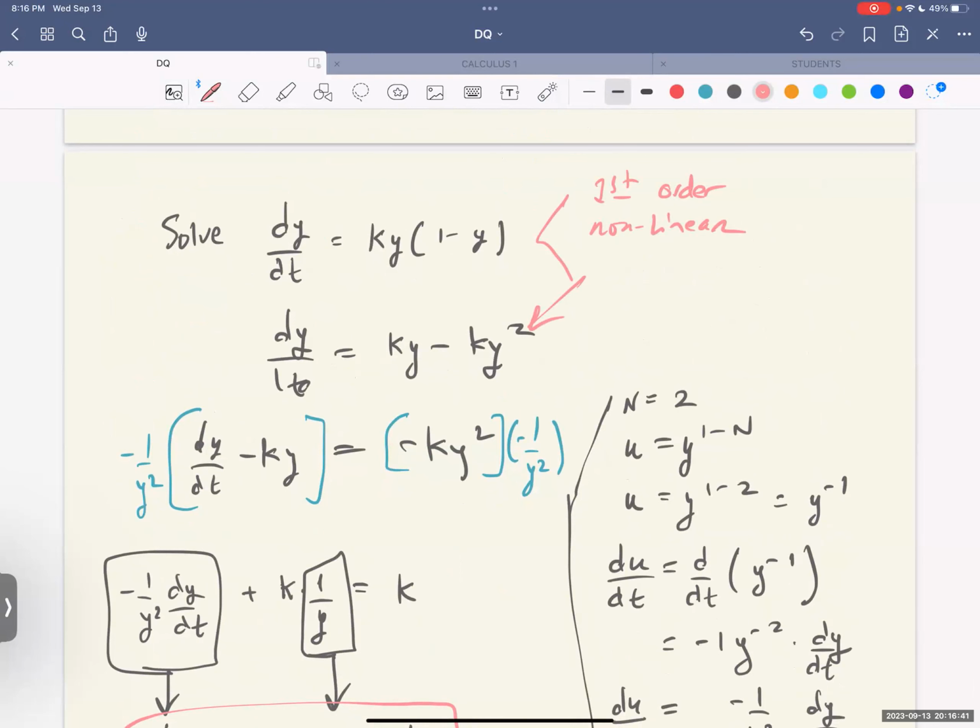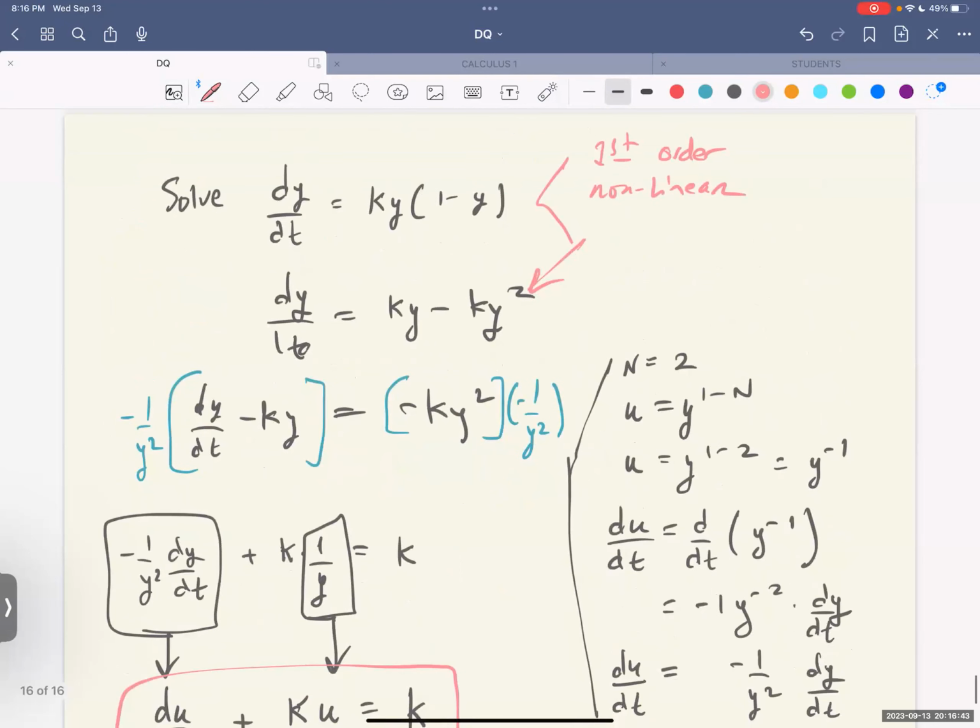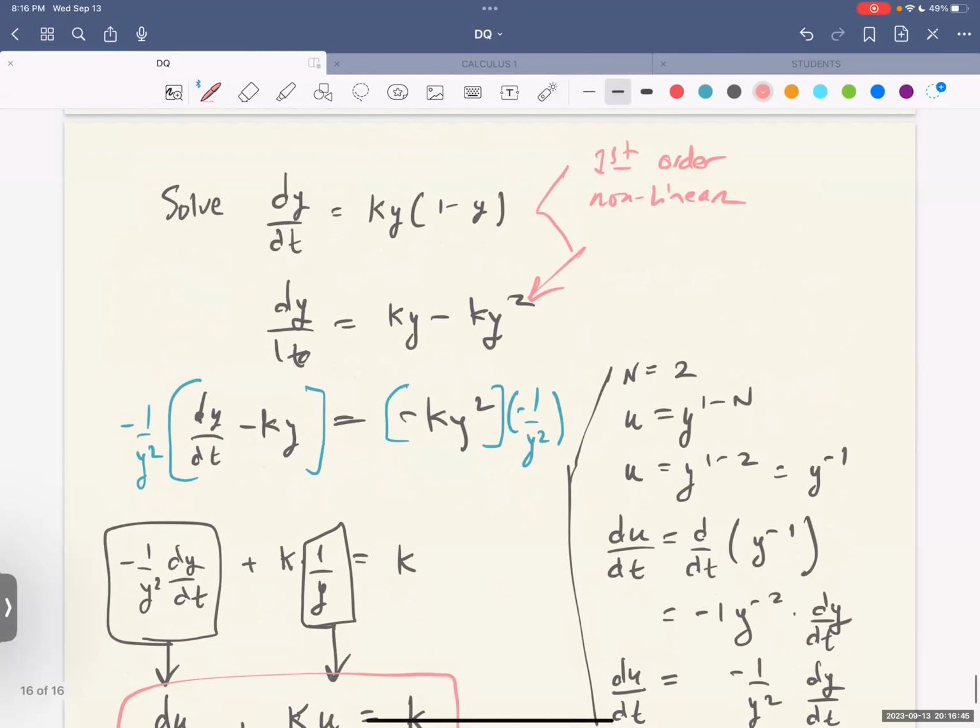And incidentally, well, okay, we'll come back to that. This first order nonlinear, it is separable. So you could use separation of variables, but it would require partial fraction decomposition, and maybe you'd want to avoid that. Maybe try that out, see what you get.